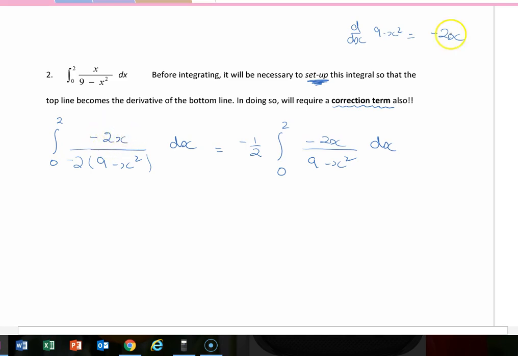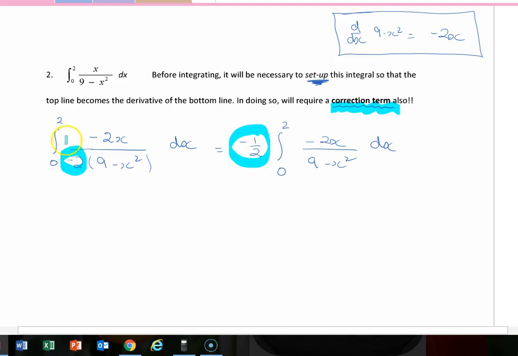And what I've actually needed is an additional -2. How do I know that? Because I did a little calculation on the side here showing what the derivative of the denominator actually is. Once I've introduced that, I then need my correction term. So this becomes the correction term, which translates to the number -1/2. I've put an additional constant in there. I'm going to take it out and then proceed with integrating.